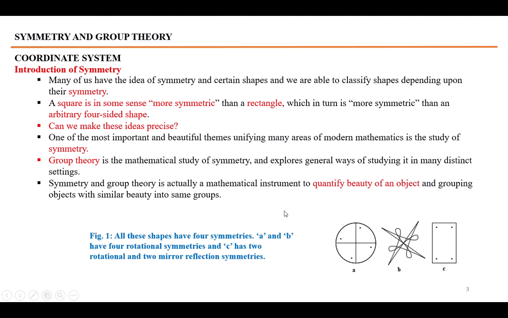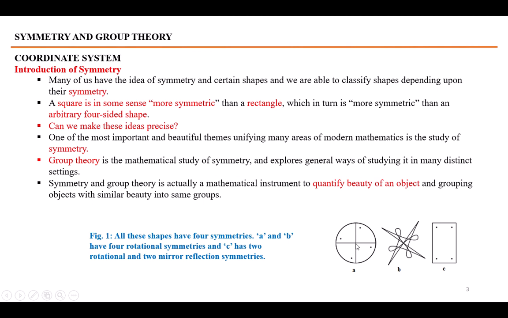For example, here we have three diagrams in this picture: A, B and C. All these three shapes have four elements of symmetry. For example, shapes A and B have four rotation symmetries. What do we mean by four rotational symmetries?